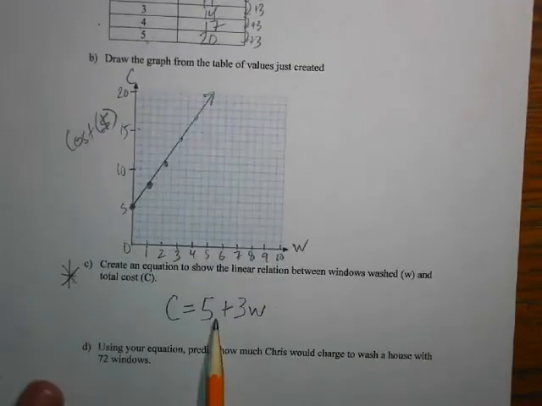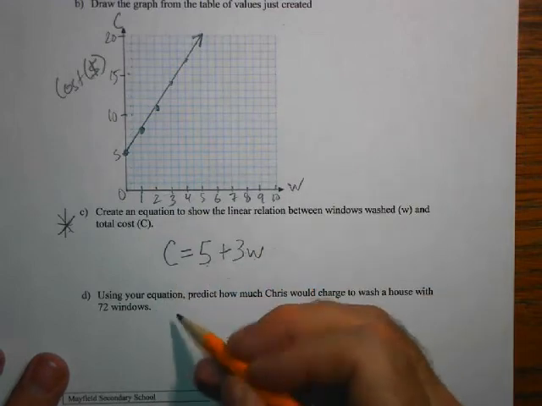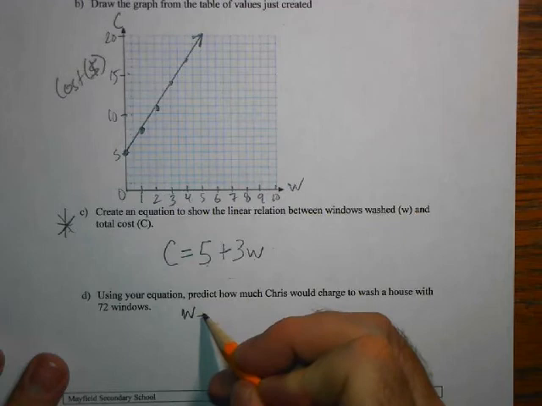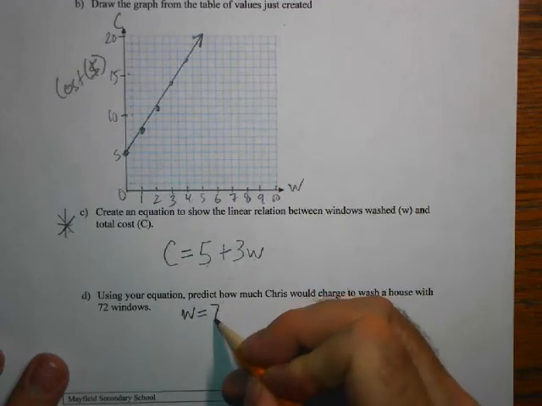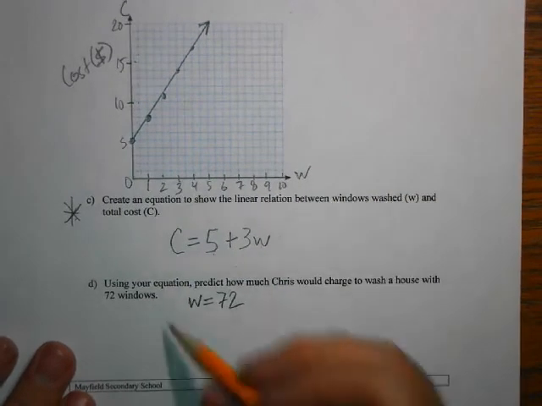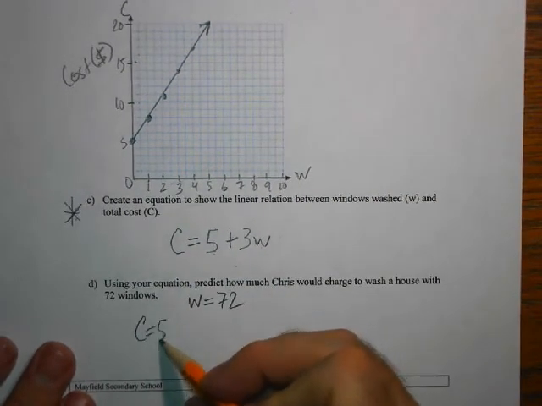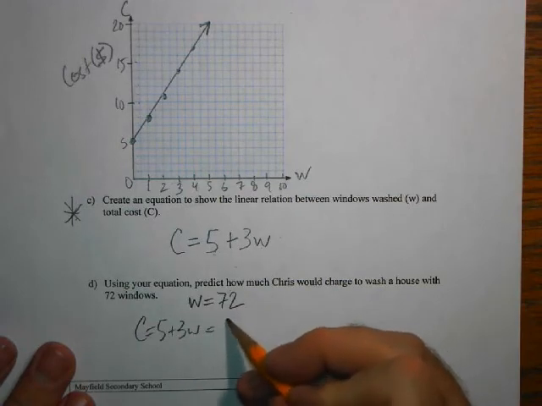But if I have this equation, I can now use that. So if the number of windows is 72, that means our variable W, which represents the number of windows, is going to be equal to 72. So now I'm just going to use this equation, C equals 5 plus 3W, but now I change the W to 72.